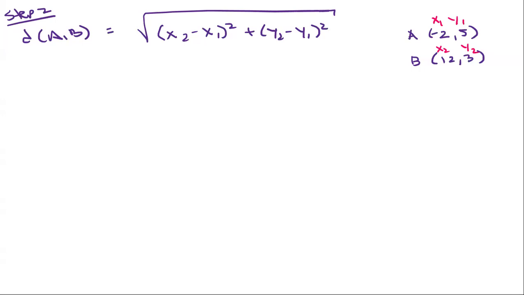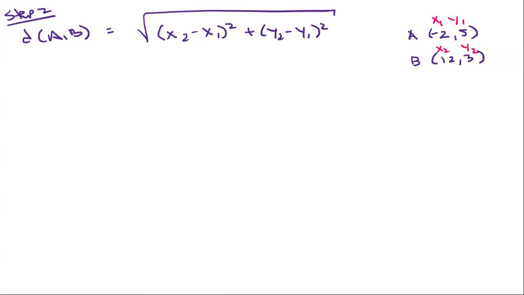I could make B x1, y1 and A x2, y2; it doesn't matter, we'll get the same answer in the end. But I like to have it in order. A was given first, so I label it x1, y1, and B was given second, so I label it x2, y2. Then we put these numbers into our distance formula.